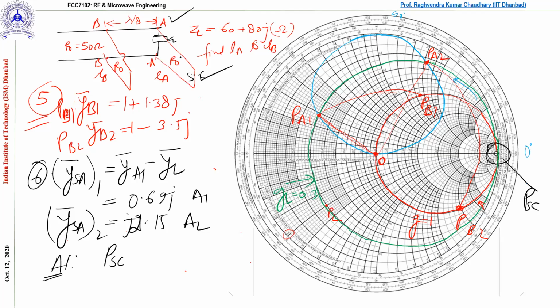So from the short circuit you have to move from this point, from PSC to A1 or A point. So LA1 will be, you have to read these things, 0.096 plus 0.25 lambda. So this will be 0.346 lambda.